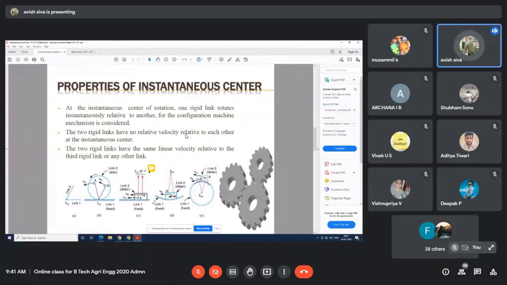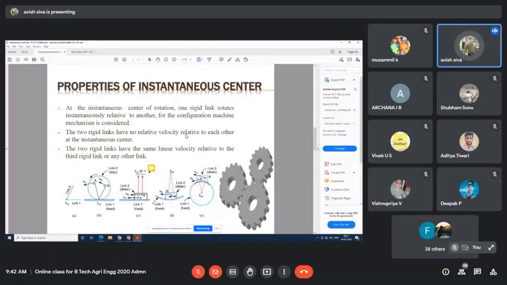Whenever a slider moves on a fixed straight surface, the instantaneous center lies at infinity. Whenever a slider moves on a fixed curved surface, the instantaneous center lies at the center of curvature of the curvilinear path. C and D are very important.